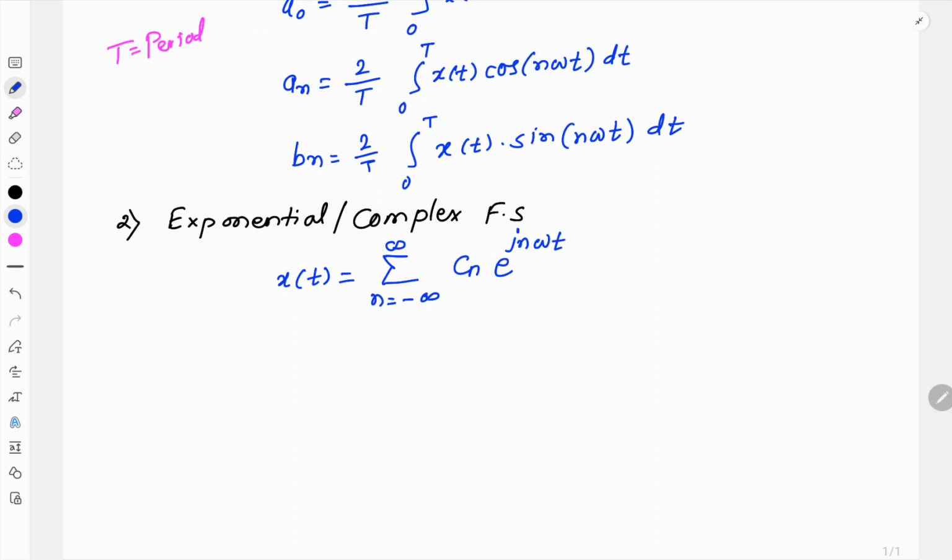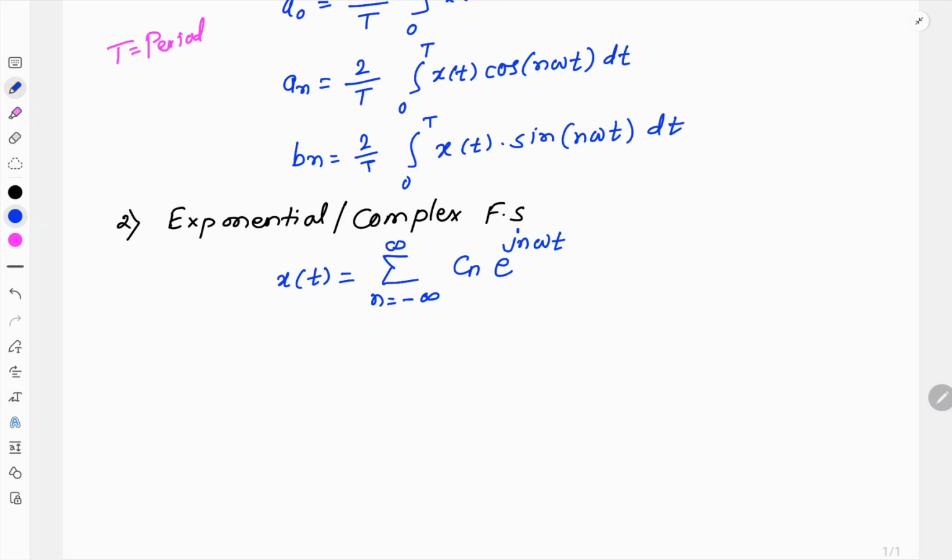Here e raised to j n omega t is nothing but a combination of sine and cosine in terms of complex values, and Cn is called the coefficient of exponential Fourier series.